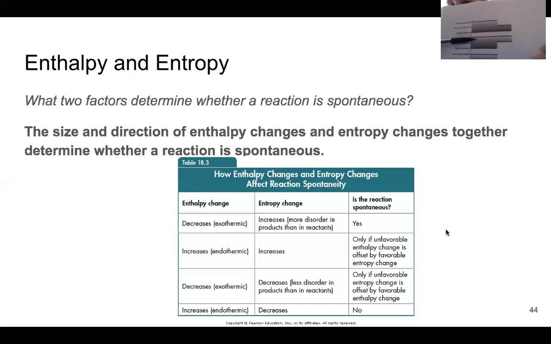We can see that the favorable one has a longer arrow than the unfavorable one, and that's why it's still a spontaneous reaction. But if we look down here, the unfavorable one has a longer arrow than the favorable one, so that would make the reaction non-spontaneous. So if one of the factors is favorable, it can offset the unfavorable factor. But of course, that goes the other way around. If one of the factors is unfavorable, it can offset the favorable factor.